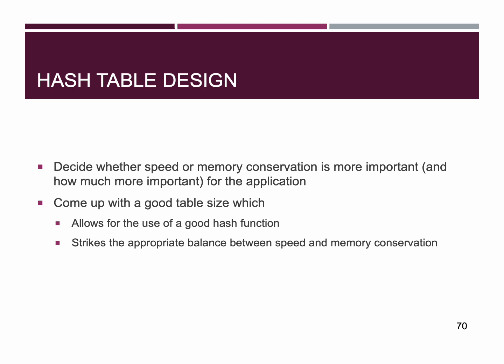The size should be large enough to work effectively with a well designed hash function, which will allow for uniform distribution of elements and minimizing collisions. So we need a very well designed hash function for that. This helps strike a balance between achieving speed and conserving memory.